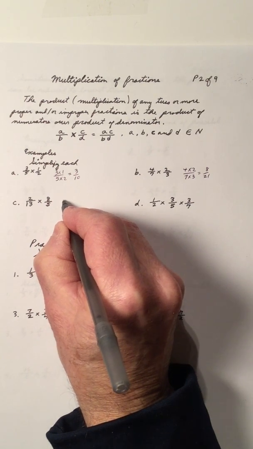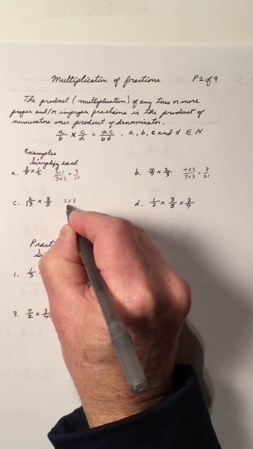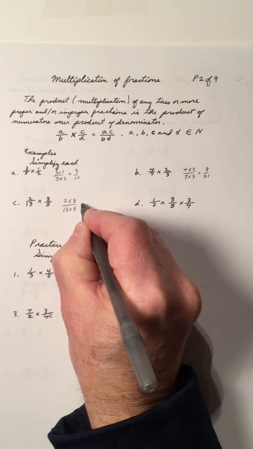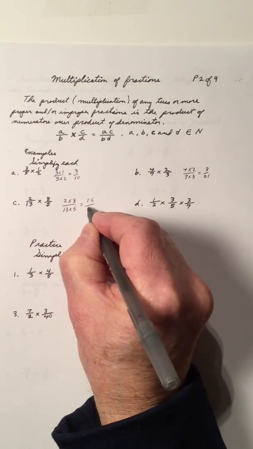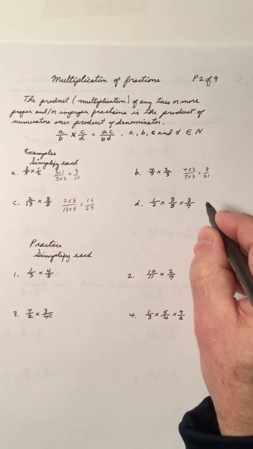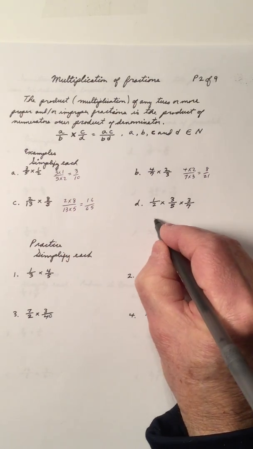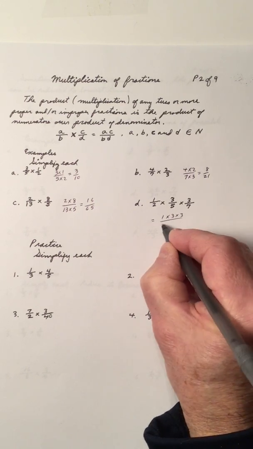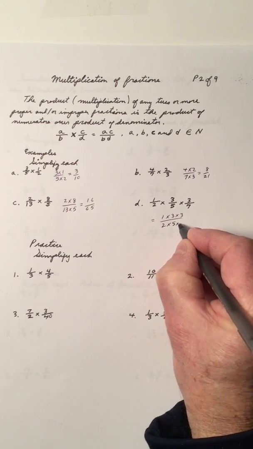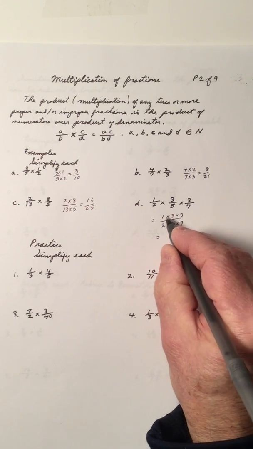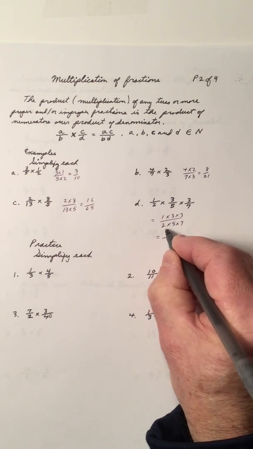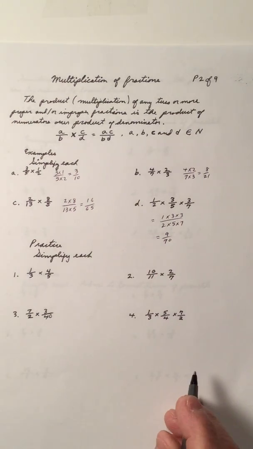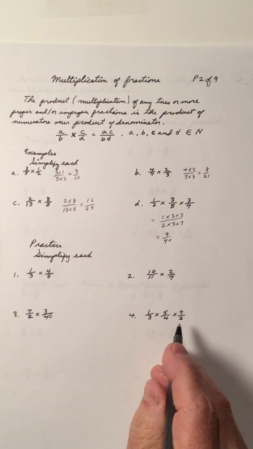Notice we're multiplying the numerators of 2 and 8 over the product of the denominators: 16 and 65. Now we got 3 of them. You go 1 times 3 times 3, 2 times 5 times 7. 9 over 10 times 7, 70. Product of the numerators over the product of the denominators.